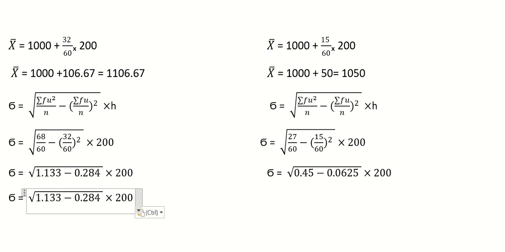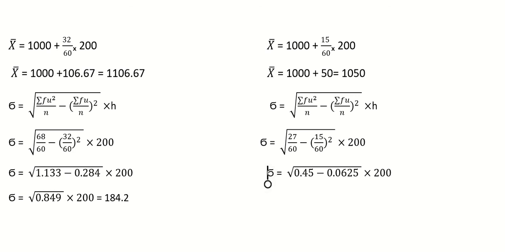So 1.133 minus 0.284 is 0.849. Taking the square root of 0.849 and multiplying by 200, the answer we obtain is 184.2.